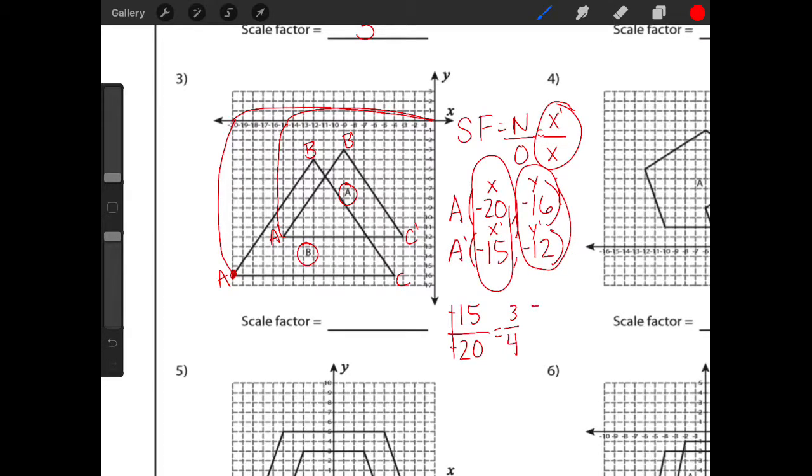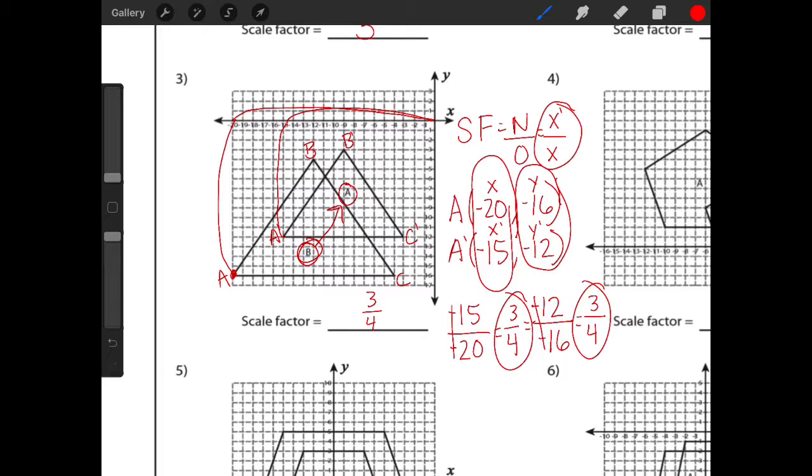Same thing, the y prime is negative 12 over negative 16. Top and bottom cancel the negatives, and top and bottom can both be divided by 4. So 12 divided by 4 is 3. 16 divided by 4 is 4. So here we go. We've got our 3/4 as our scale factor, and I can also look at it and say going from B to A is a reduction. So being less than 1 as the scale factor, that does make sense.